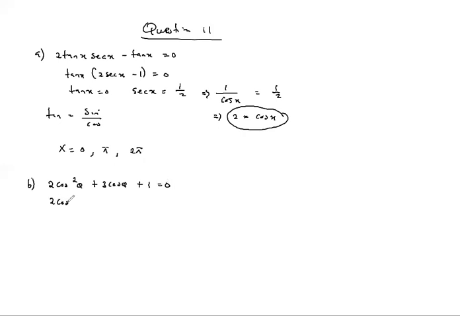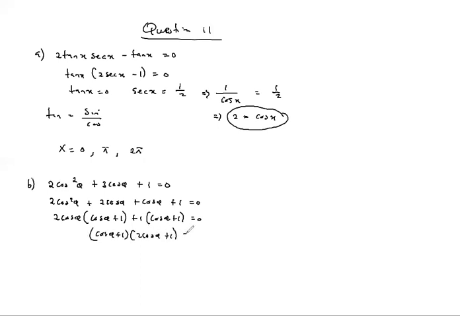So I get 2 cos squared theta plus 2 cos theta plus cos theta plus 1 is 0. What's common here is 2 cos theta, and then you have cos theta plus 1 outside. Factor out cos theta plus 1, remain with 2 cos theta plus 1 is 0, so that cos theta is negative 1 and cos theta is negative half.